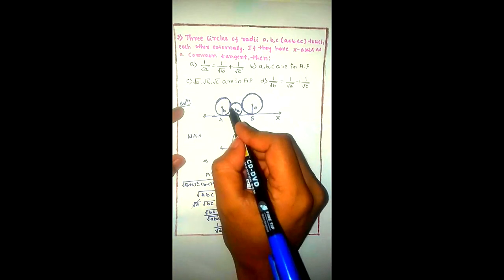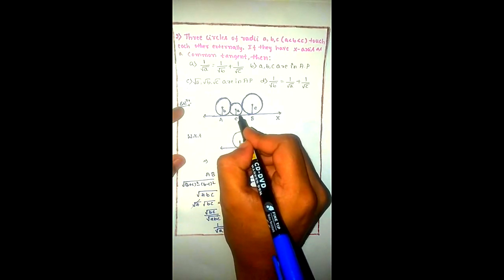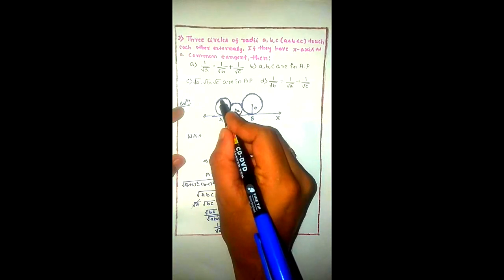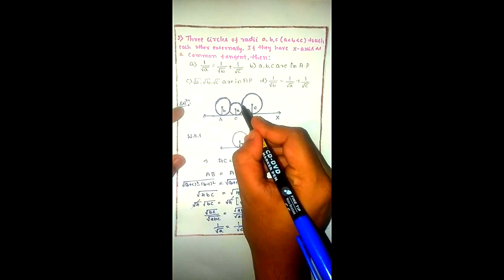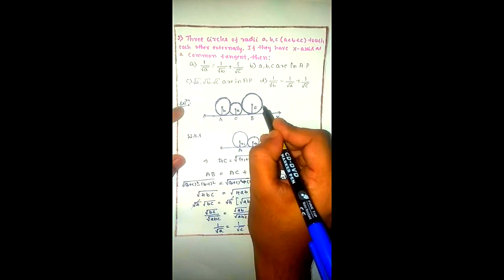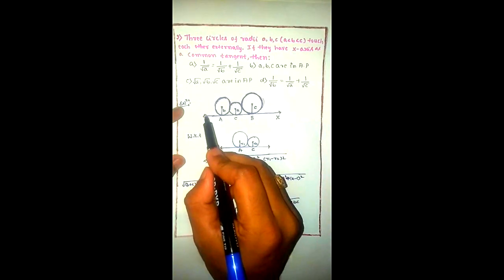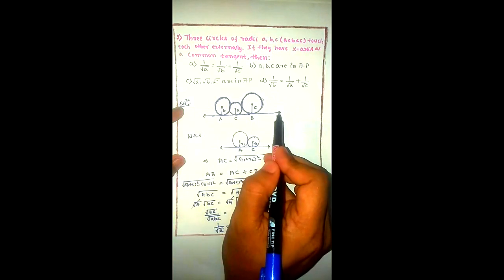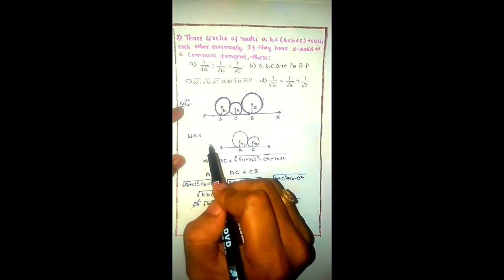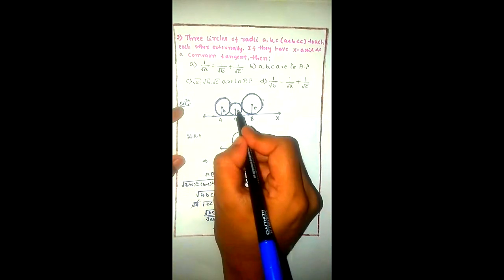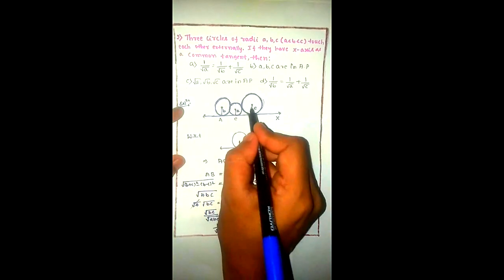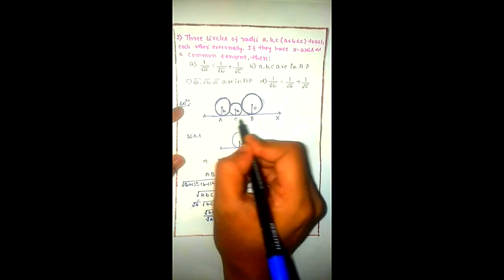Three circles: the first one A touches B externally, and B touches C, having the x-axis as a common tangent. So the radii are A, B, C.